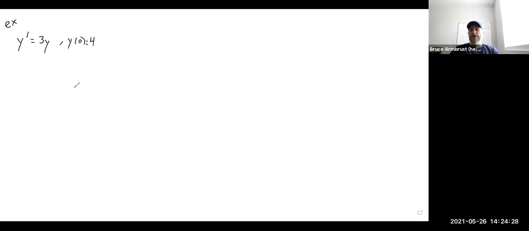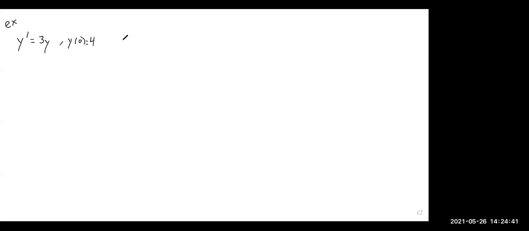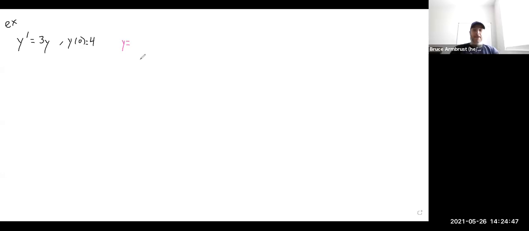I don't mean to put pressure on you, but every one of you should be able to tell me what the answer to this is right now, without any calculation. Y equals 3 divided by 2 times y to the power of 2. That actually isn't it, Jacob.